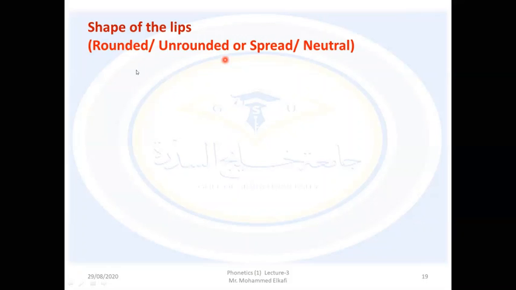In case the front part of the tongue participates in making the sound, we'll say the shape of the lips will be unrounded or spread. In case the back part of the tongue participates, the shape of the lips will be rounded. In case the central part of the tongue participates, the shape of the lips will be neutral.